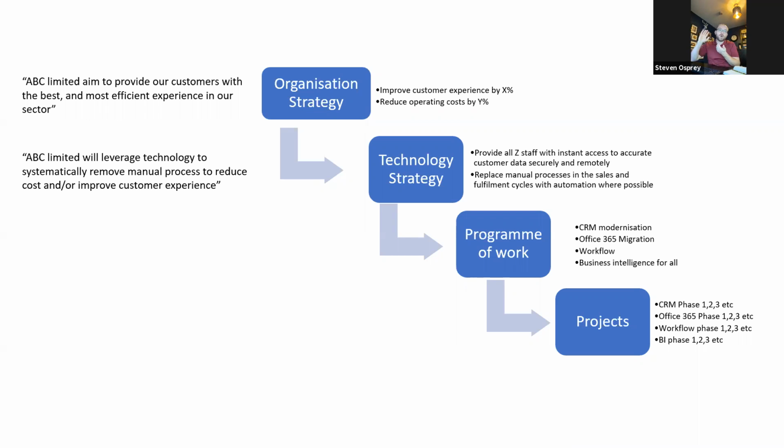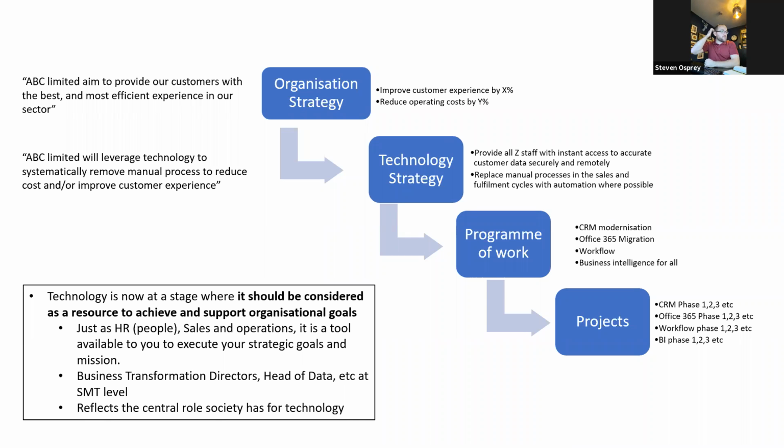So a program of work will cover, for example, CRM modernization, Office 365 migration, workflow, business intelligence for all, HMS modernization, blah, blah, blah. So however many that you want to have in that. And that program of work usually spans multiple years. And then underneath that, you've got these individual projects, so lots and lots of projects. For example, the projects that support the CRM modernization program are CRM phase 1, phase 2, phase 3, so the actual practical go-dos.